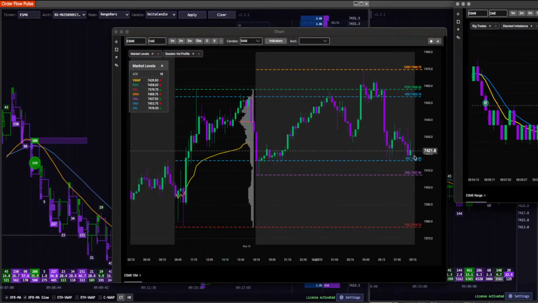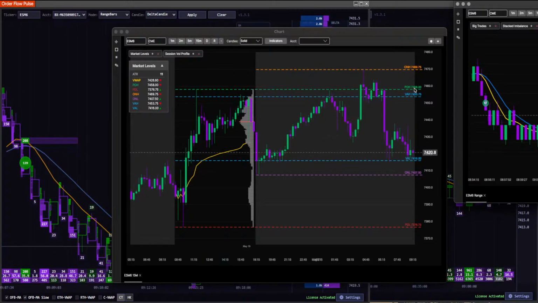But the main four things that you absolutely need to write down or put on your chart are the previous day high, 74.58 for the ES, and previous day low, 73.76. And the overnight high, this is what the overnight session did, is 74.69 and 3/4.